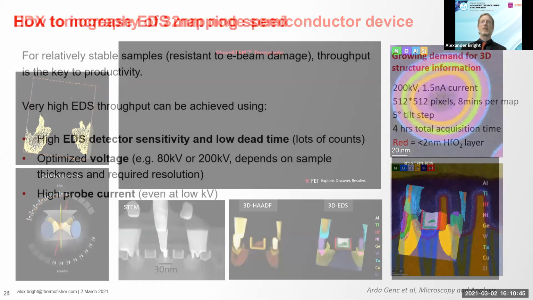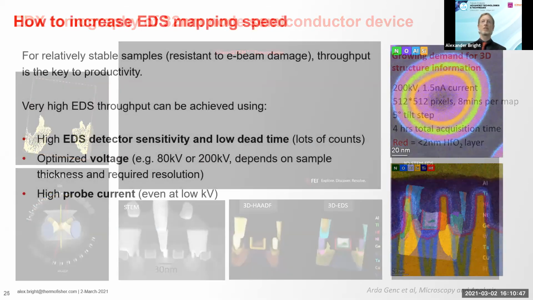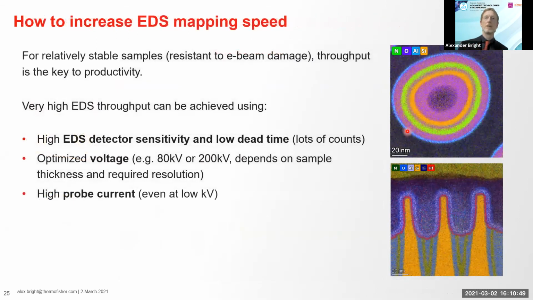So in the case that the sample is relatively resistant to electron beam damage, we can often achieve very high EDS throughput, and the keys are to have a high EDS detector sensitivity and a low dead time. So a detector that can measure a lot of counts without the dead time increasing a lot.